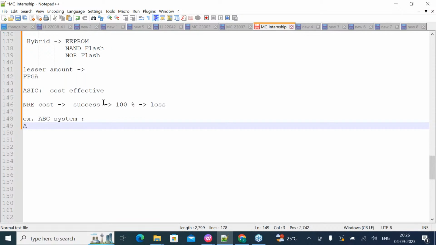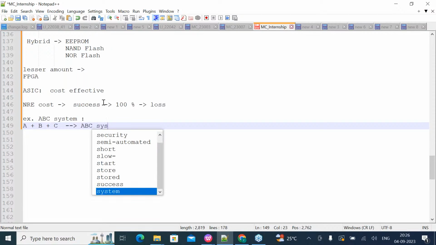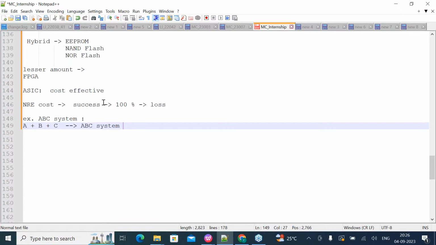One engineer is working on part A, another engineer is working on part B, and one more engineer is working on part C. At the end, my three engineers completed their parts. I combined them together and completed the design of this ABC system. Once designing is completed, the product is completely ready.